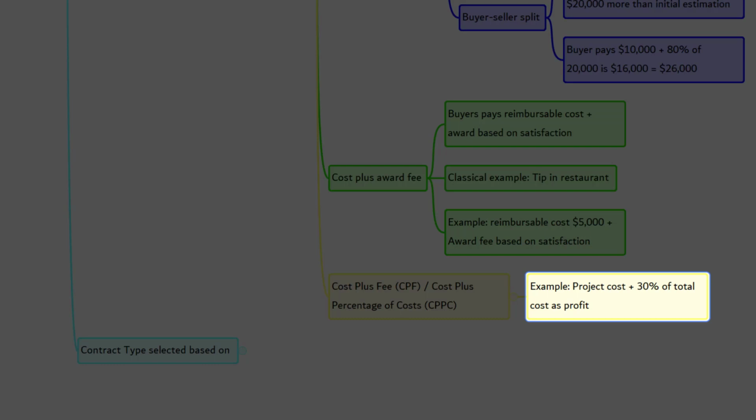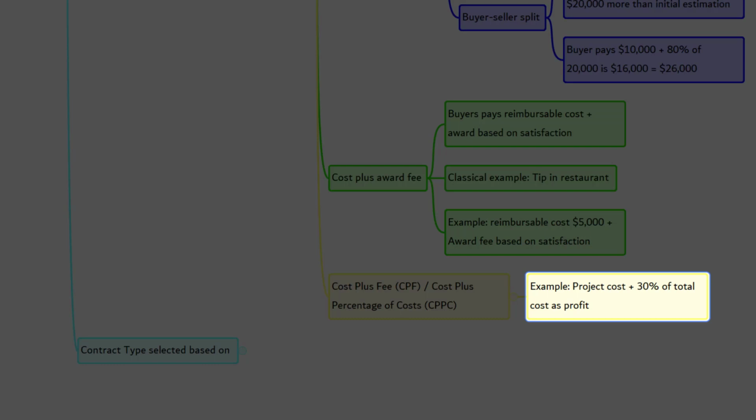Let's say if the seller has to buy material, vendor A charges $10, whereas for the same material, vendor B charges $50. The seller will tend to buy from vendor B because as long as the total cost of the project goes higher and higher, his profit also will go higher.